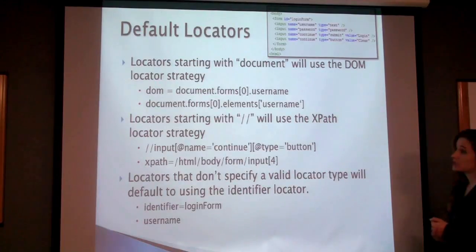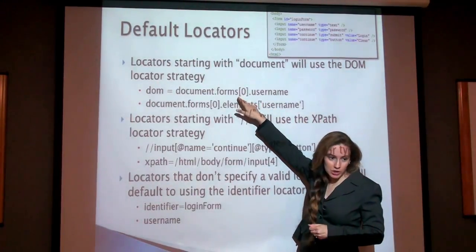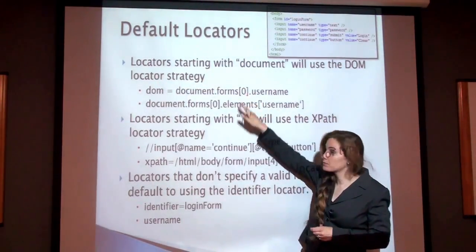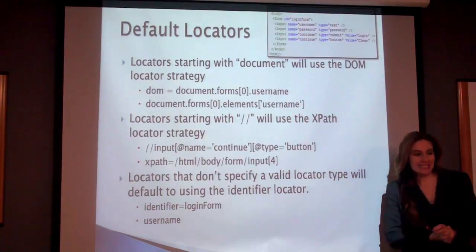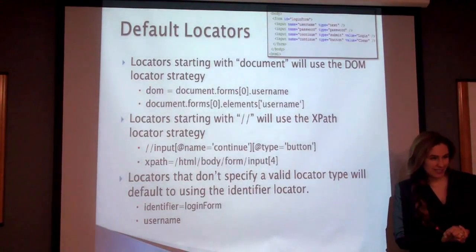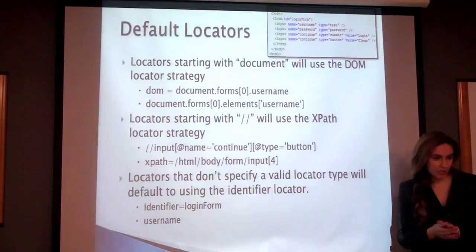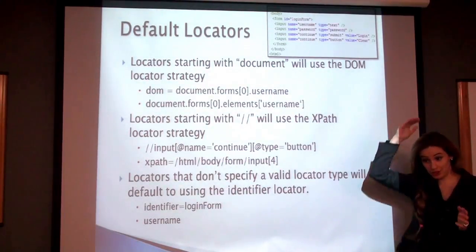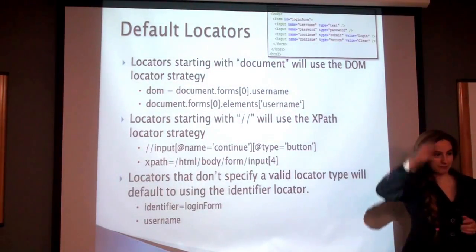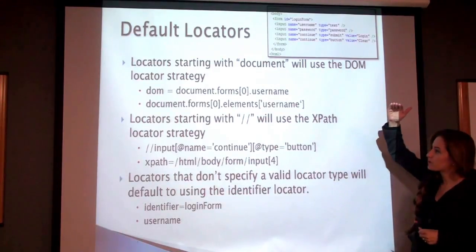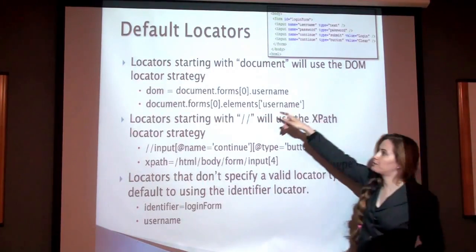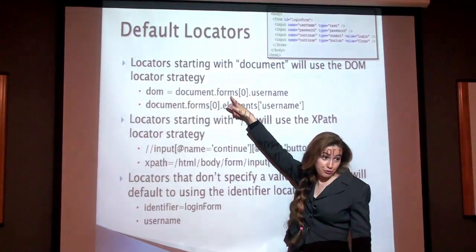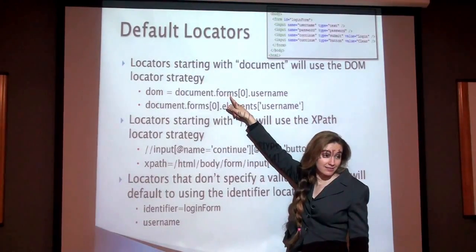We're actually going to do a lot more practice with DOM, so I'm not too worried about this, but you can probably guess what it means, right? Can you guys make kind of an educated guess? So document is the top of the document. And then we're saying, inside that document, we want to find a forms tag.